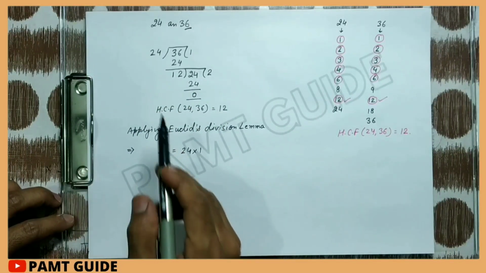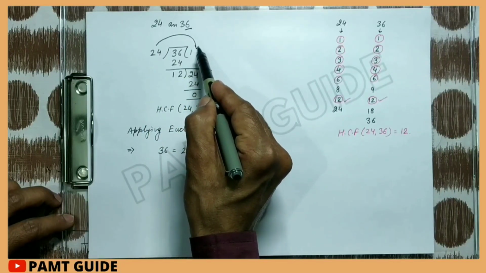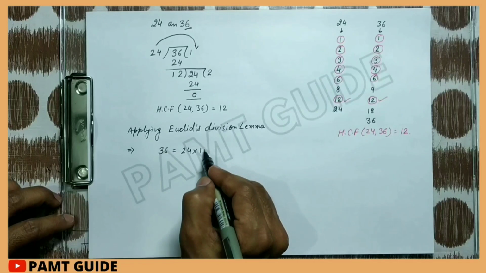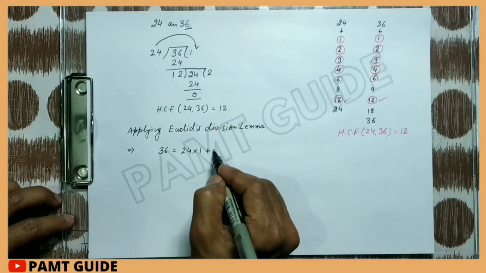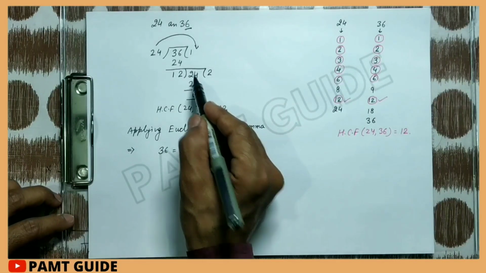So we multiply the divisor by the quotient and add the remainder, and the remainder is 12. And in the next step, the dividend is 24.